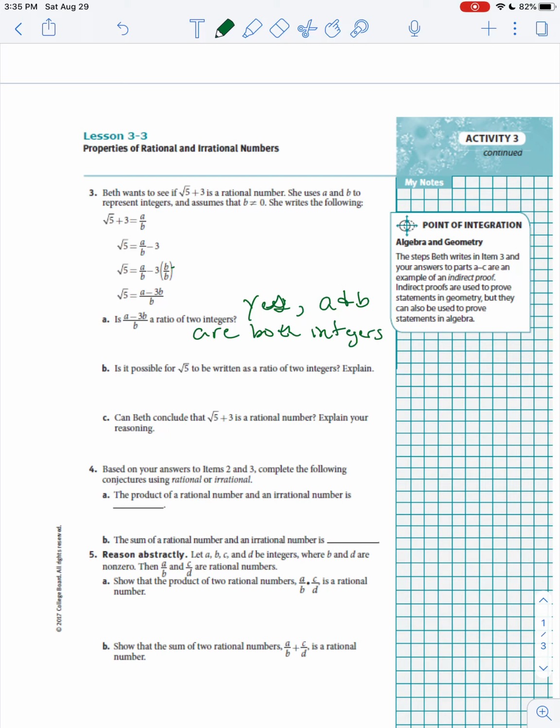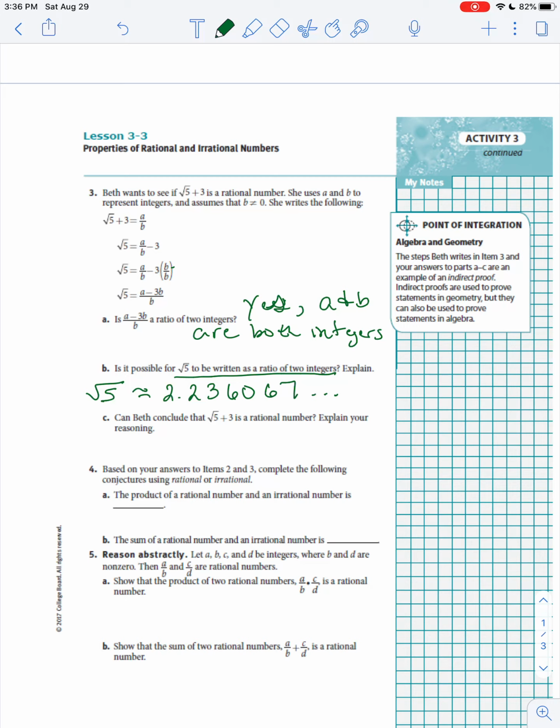But does that make sense to you? I mean, is it possible for root 5 to be written as a ratio of two integers? We know the square root of 5 is approximately 2.23, and then it's like 6, 0, 6, 7.